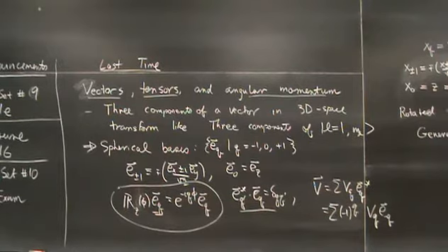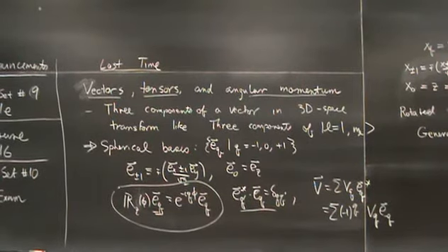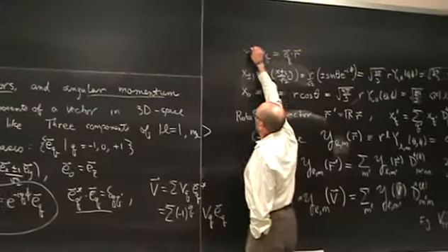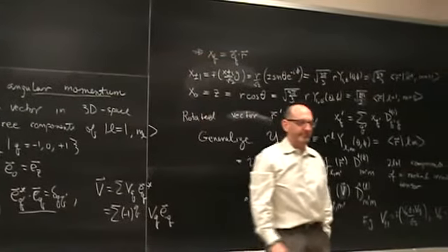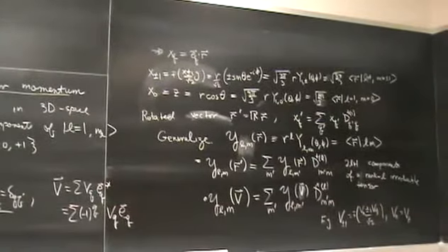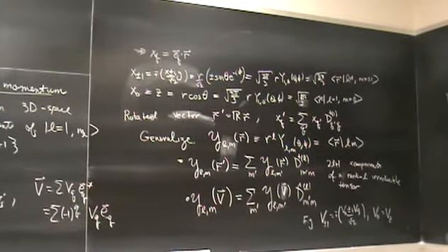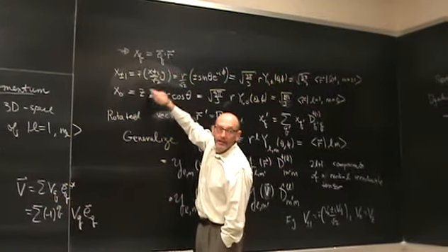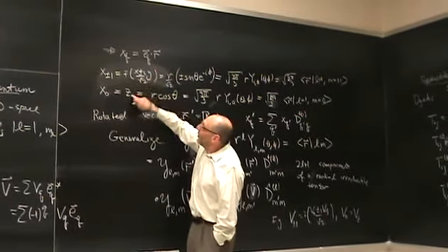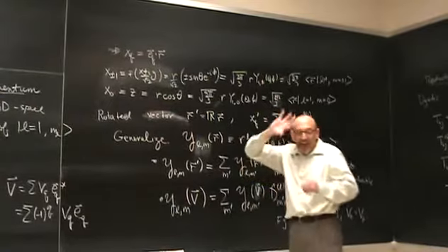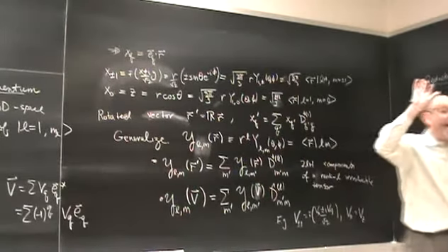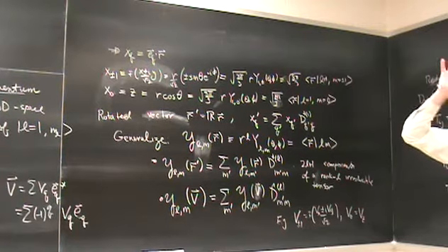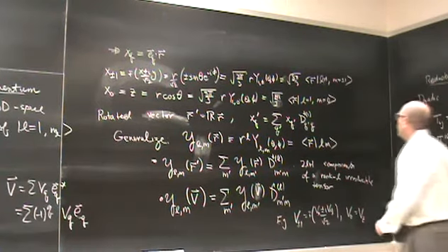And as I said, the key point is that the components of, first of all, say, position with respect to that basis, so x plus or minus i y, or z, have angular dependence that is the angular dependence of Y, L equals 1 with m equals q.